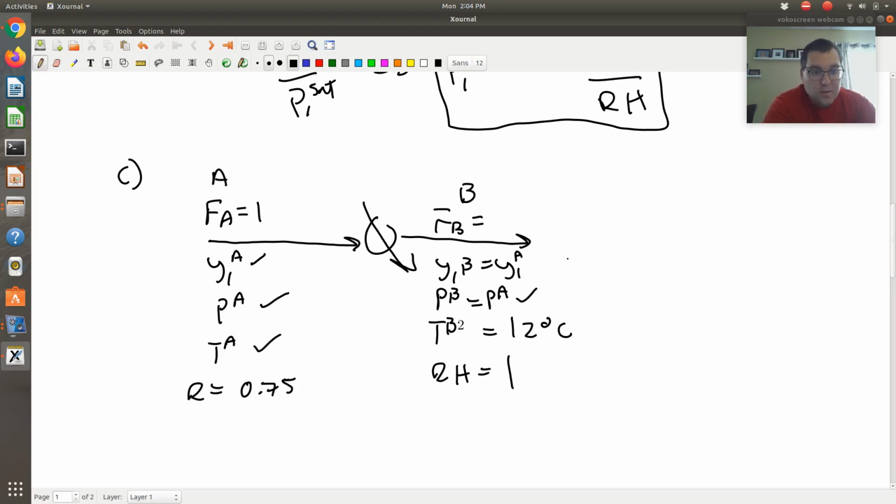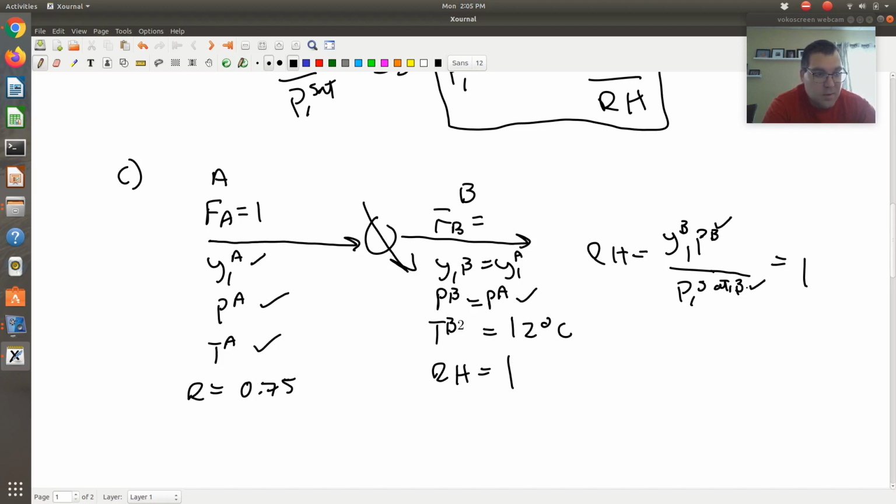So basically, if I look at my relative humidity expression, which is Y1P, now this would be Y1B, over P1 sat of B, we know the relative humidity is going to be equal to 1. Pressure is going to be the same as PA. Pressure's known.